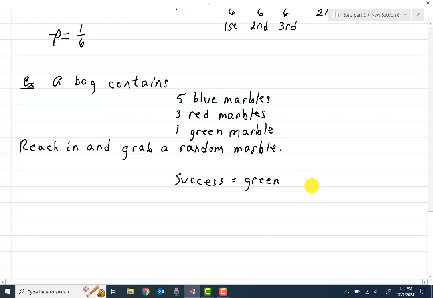And so, with that said, my lowercase p equals 1/9. If I keep doing this game over and over again, my chance of getting the green marble is 1/9 every new time I play the game. So with that said, suppose the game I just mentioned here is played 3 times in a row.